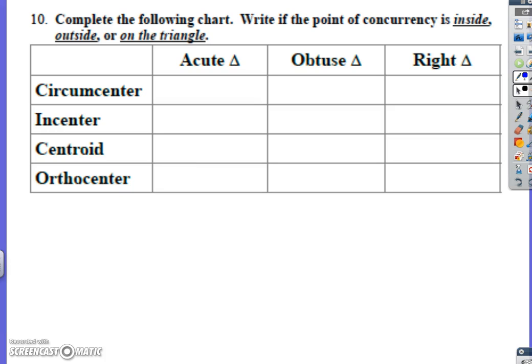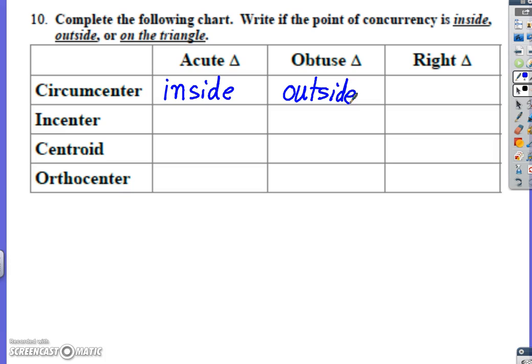So right now, looking at the circumcenter, in an acute triangle the circumcenter is going to be found in the interior, on the inside of the triangle. And in an obtuse triangle, the circumcenter is going to be found outside of the triangle.